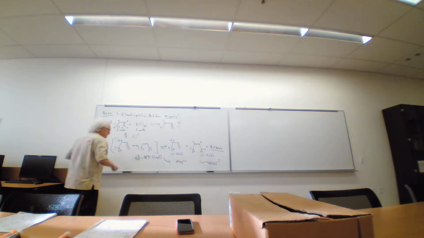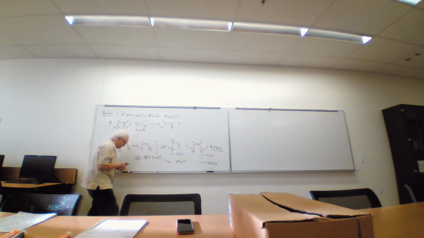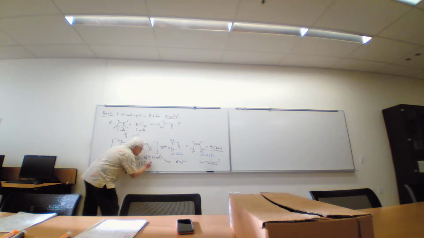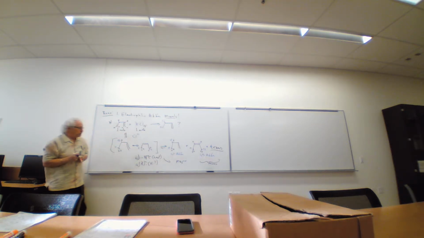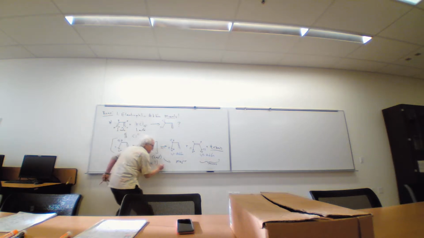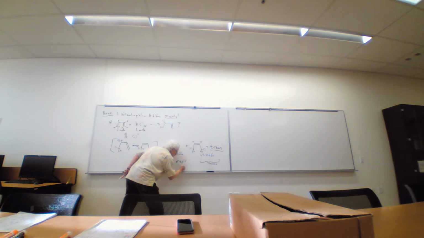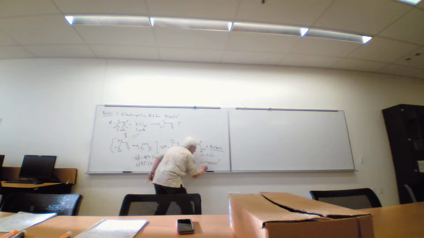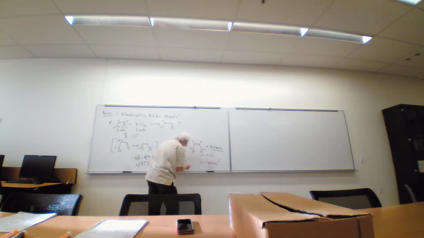Okay, and then they did it at room temperature, which is, in this case, high temperature. What they found here was this was minor, and this was major. The mixture here.